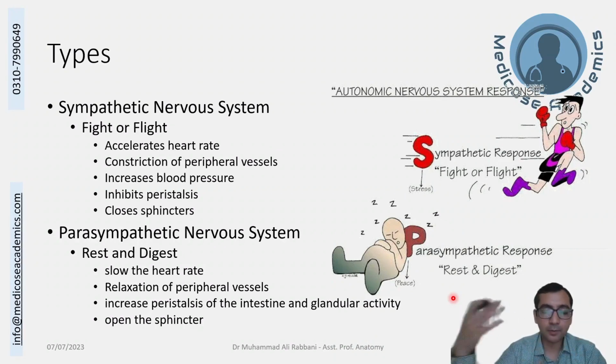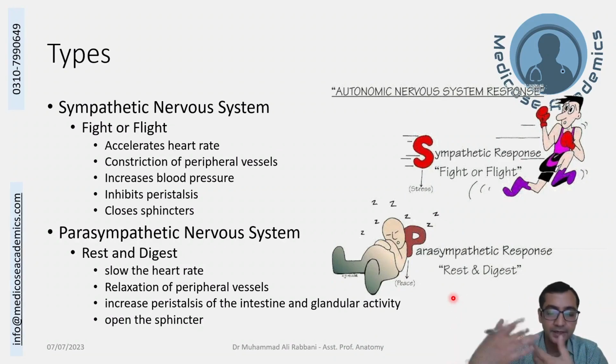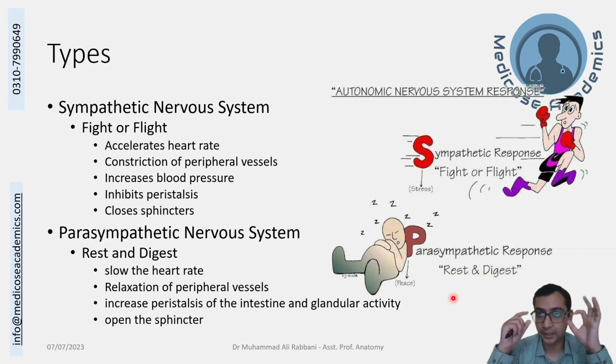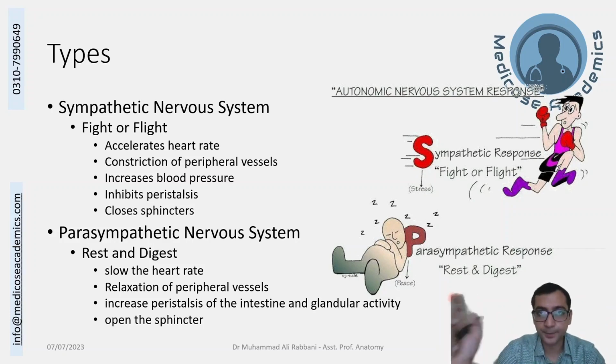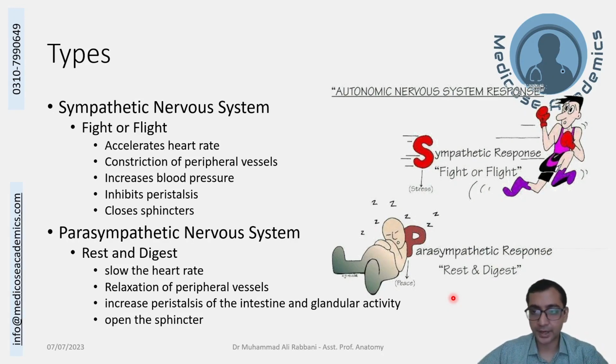Think about all the things that are happening: respiratory rate is increasing, heart rate is increasing, sweating comes, pupils are dilating, hunger vanishes, peristalsis goes away, you forget about going to the washroom, sphincters close very tightly, and blood is pumped toward the muscles to make them ready.